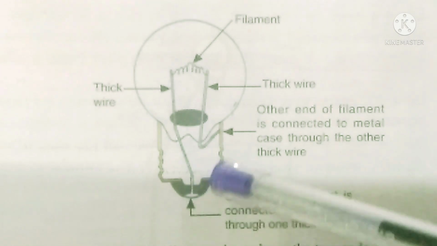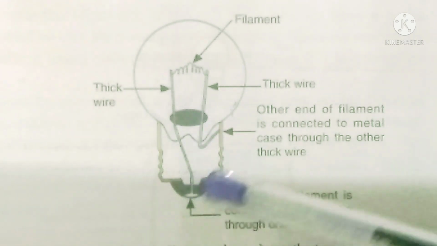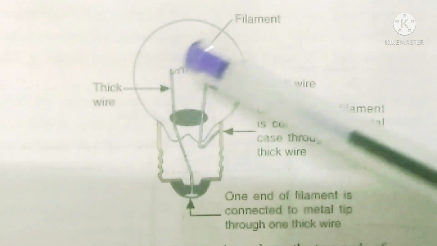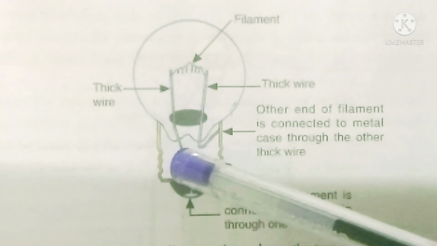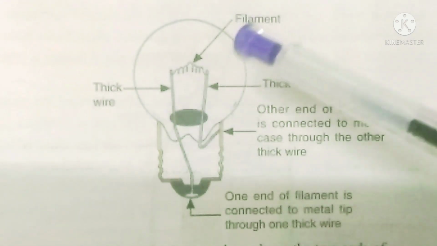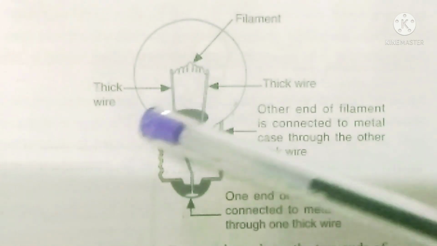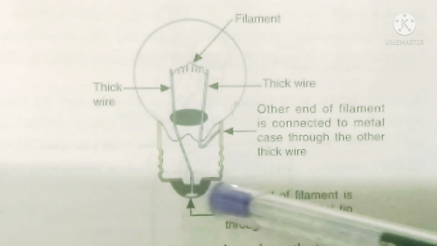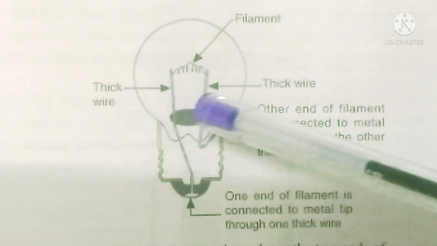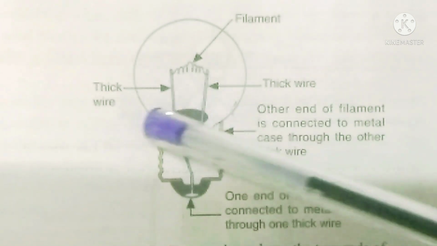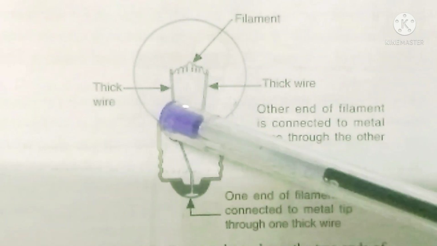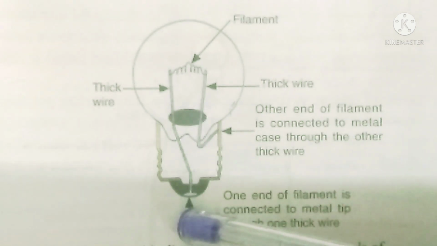Now here is the metal case, the metal covering. The two ends of the filament are connected to the two terminals of the torch bulb. These are the two terminals, thick wires, and those two wires are connected here.